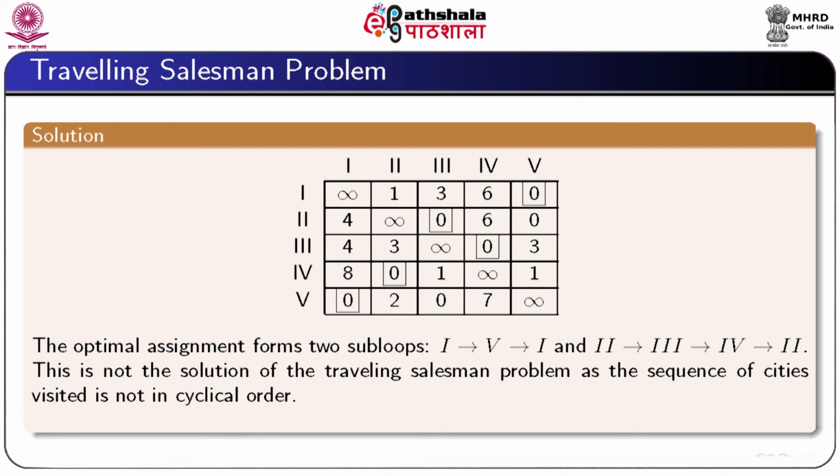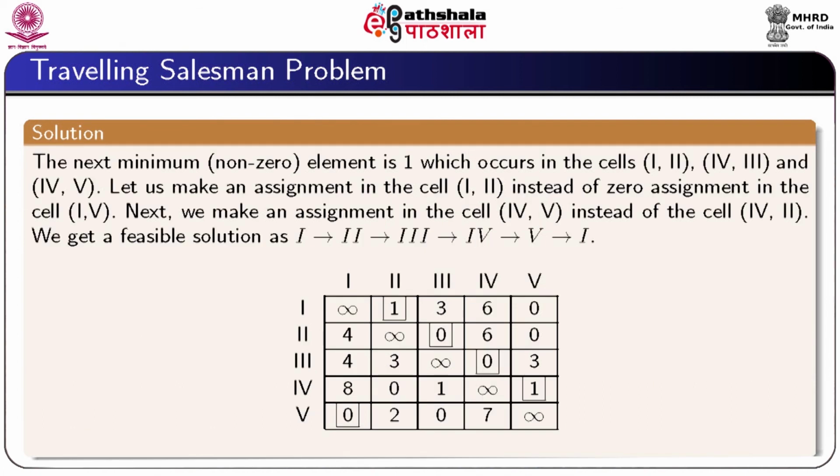If we assign cell 4 5, then we get an optimal solution because it makes a cyclical order. The salesman will travel from city 1 to 2, then 2 to 3 and then 3 to 4, 4 to 5 and he will come back to 1.